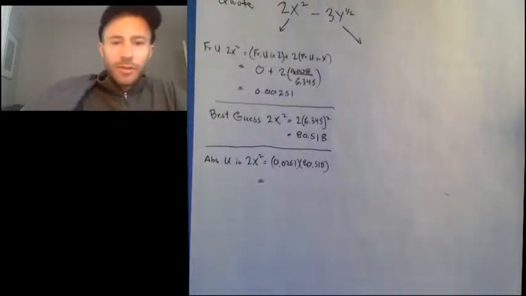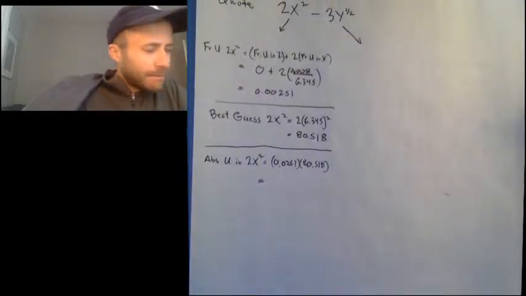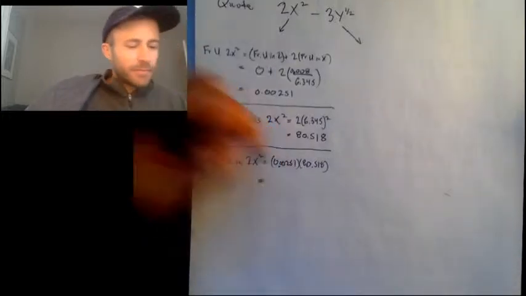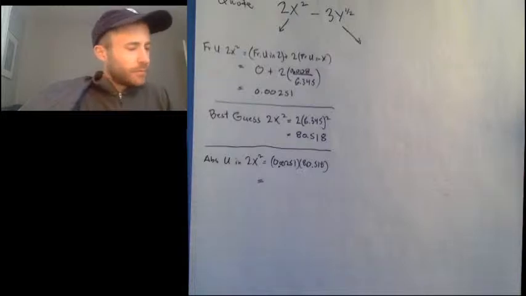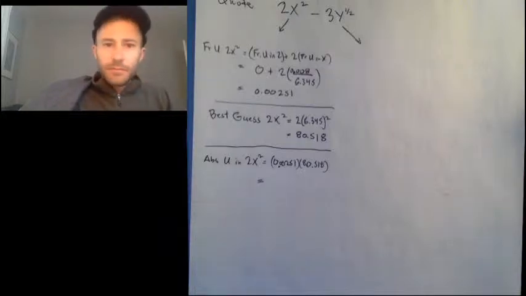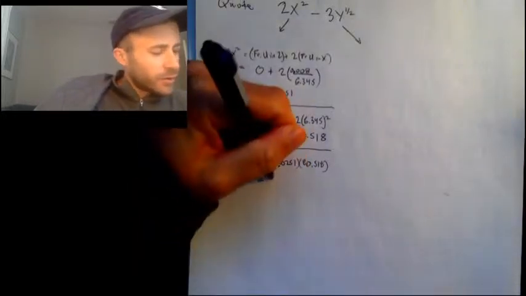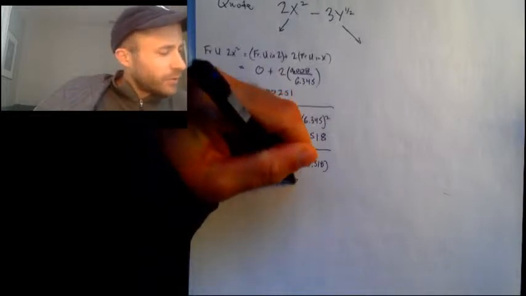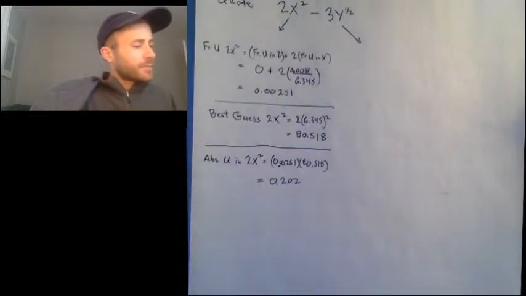Okay, getting that absolute uncertainty. Oh, that should be 0.002. My bad. Absolute uncertainty is 0.202.